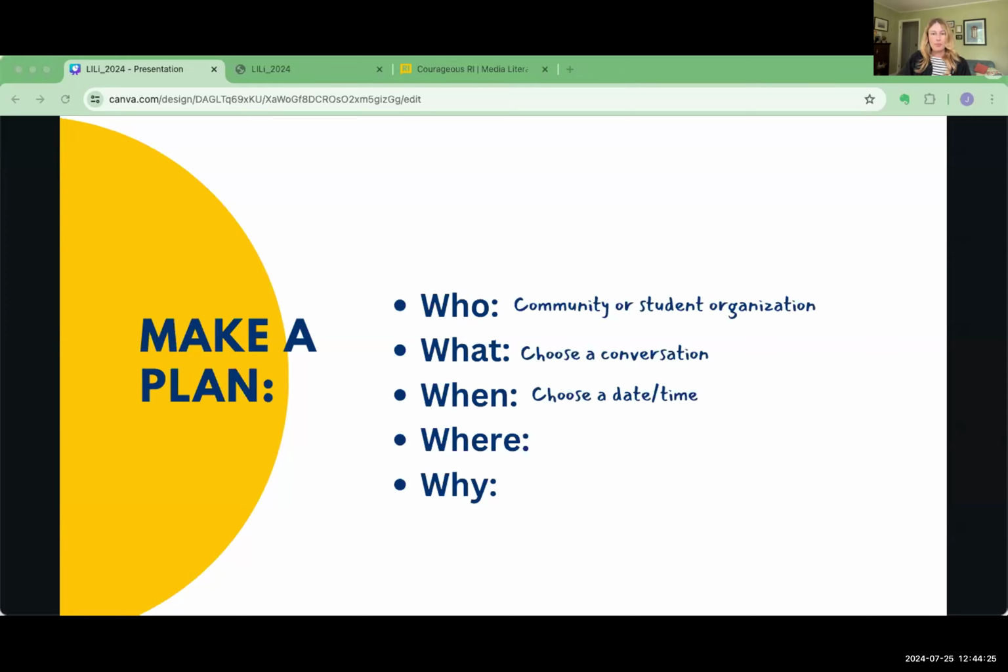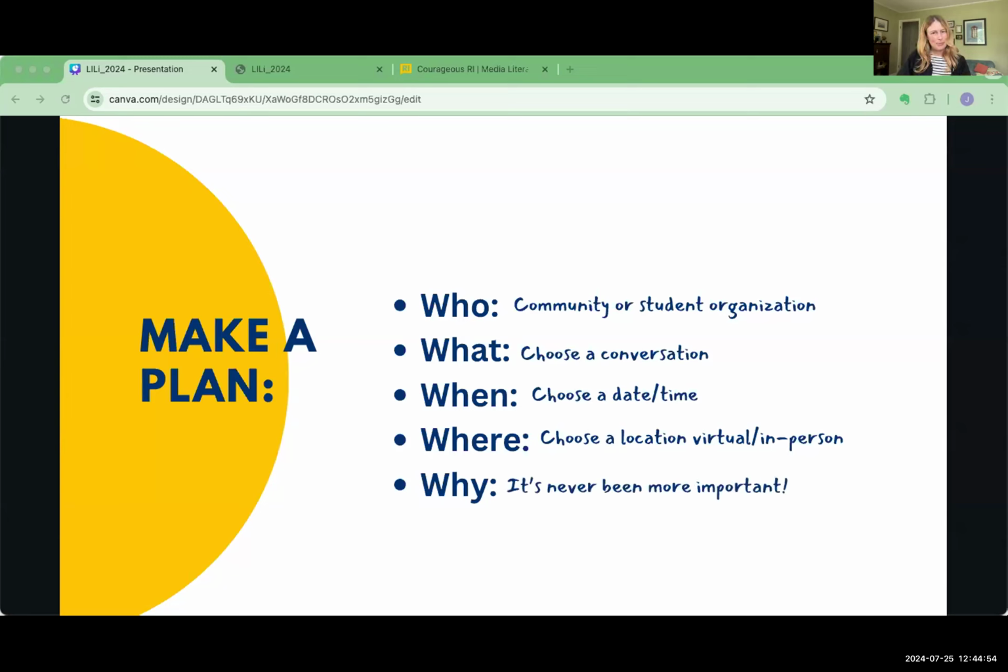Choose a date and time, which seems really simple, but I found gets really complicated around student class and work schedules. And then choose a location. As I mentioned, transportation was an issue for students. If you're on a residential campus, students don't necessarily have cars, and in a city that doesn't have great transportation, you might have to consider doing virtual.